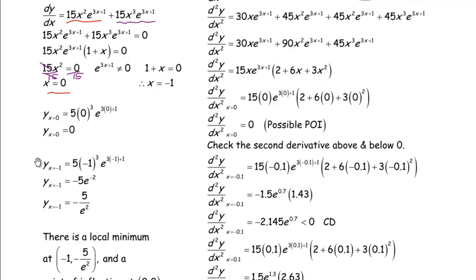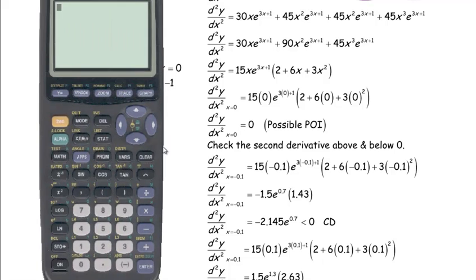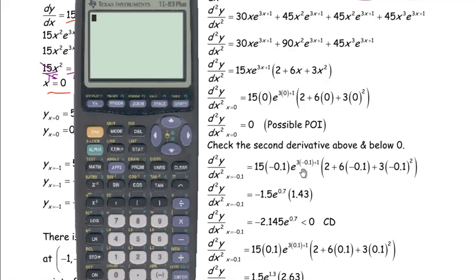Evaluate this, and you may as well use a calculator. In the exponent, 3 times negative 0.1 plus 1 will be negative 0.3 plus 1, which would be 0.7.